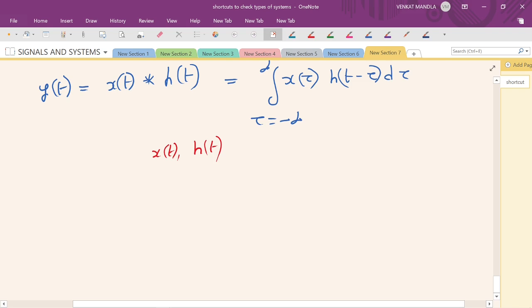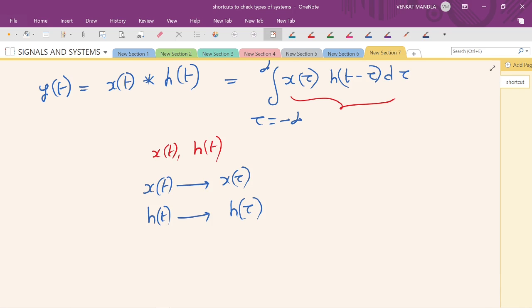To do this convolution operation, what do I have to do? First I will change the axis from x of t to x of tau and h of t to h of tau. Just replace t with tau. The time axis t is changed to the tau axis. That's it.